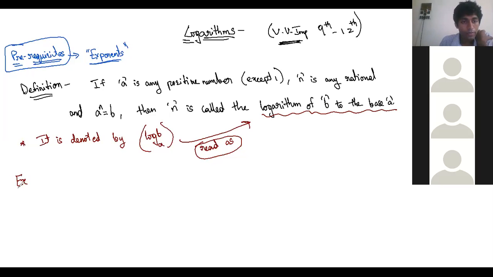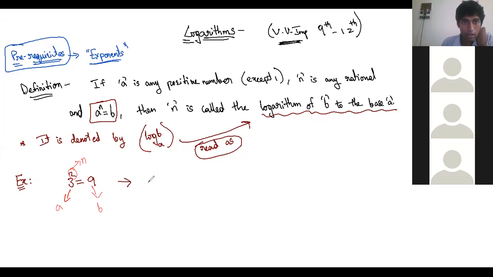For example, if I say 3 square is equal to 9. Now can you correlate it with this form and try to tell me what is the logarithmic form? So here this is playing the role of a, this is playing the role of b, and this is playing the role of n.